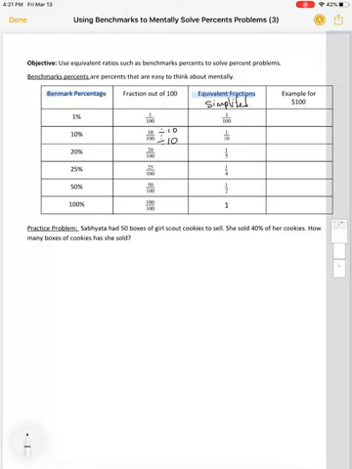So 1/10 and 10 hundredths are equivalent. Okay, same goes for 20 hundredths. We can divide them by their largest common factor, which is 20, and we end up with 1/5. 25 hundredths can be divided by 25, both 100 and 25, and we get 1/4. 50 hundredths, I'm sure you can look at that and go, oh, 50 is 1/2 of 100, so the equivalent fraction is 1/2. And then if we divide 100 by 100, we get 1.